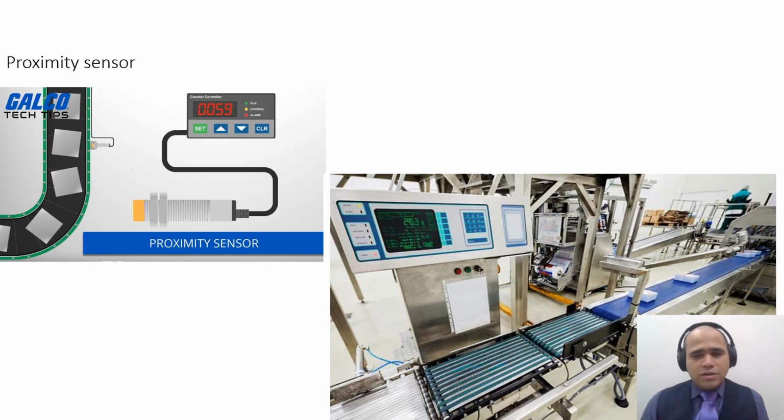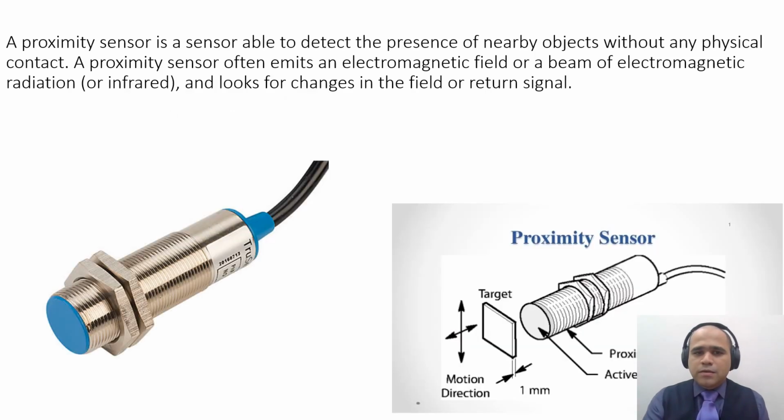So the answer to this is a proximity sensor. A proximity sensor basically senses a target in motion, and then, as per the moving target, it produces a signal. These targets could be sensed by electromagnetic radiation or infrared fluctuation. So anything which is a non-contact sensor we consider under proximity sensors.